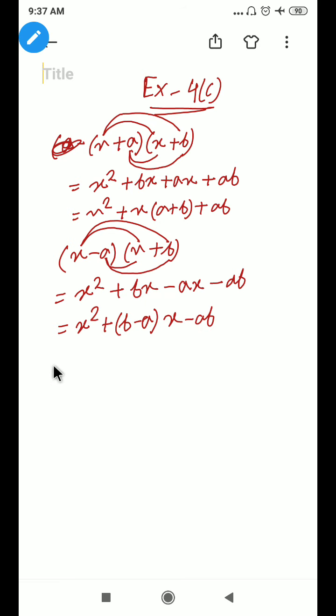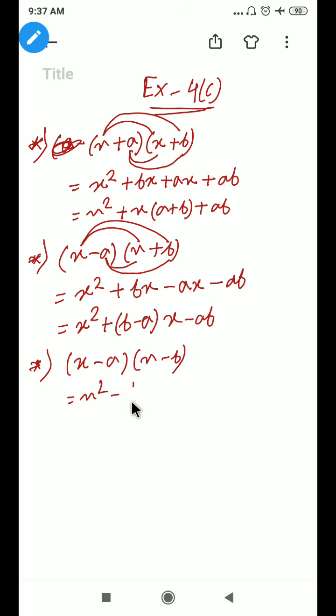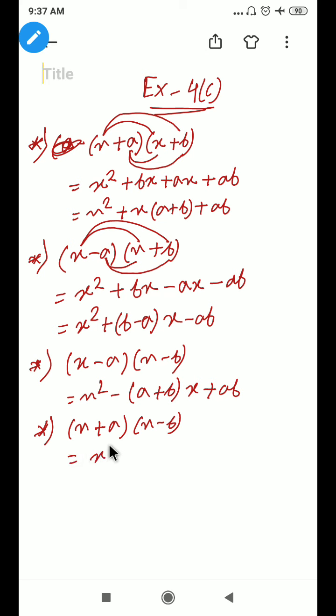In this way we can get x minus a into x minus b, it will be x square minus a plus b, x plus ab, and x plus a into x minus b. If you multiply, then we will get x square plus a minus b, x minus ab.